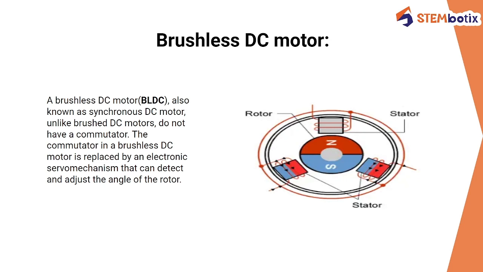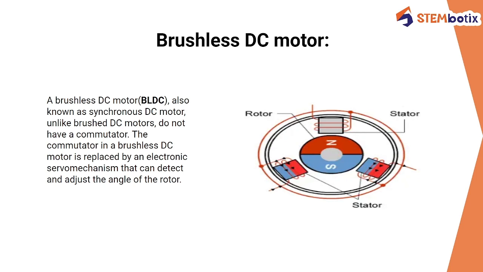The commutator is replaced by an electronic servo mechanism that can detect and adjust the angle of the rotor. Meaning the function of the commutator and brush unit in a brushed DC motor is replaced by an electronic servo mechanism that detects the angle in the brushless DC motor.